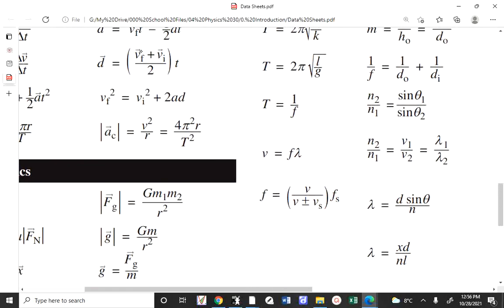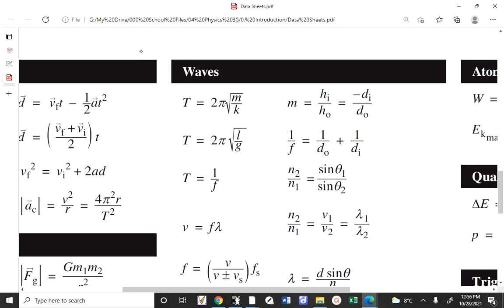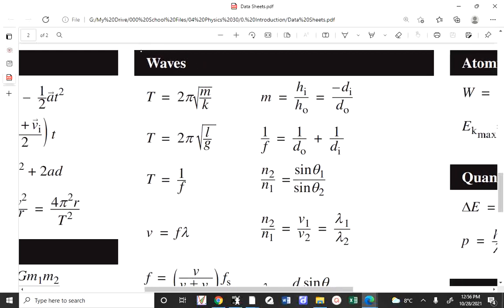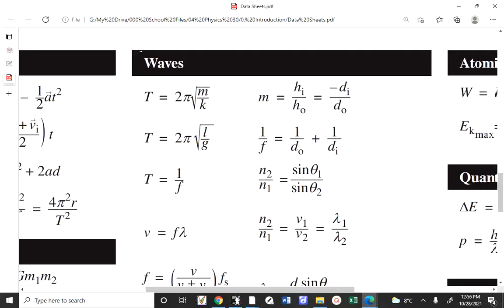Yeah, under waves. We used to call it waves and light. I guess it's just called waves now. And they are the two formulas in the top right corner of that section. So there's your magnification formula. There is your focal length formula.